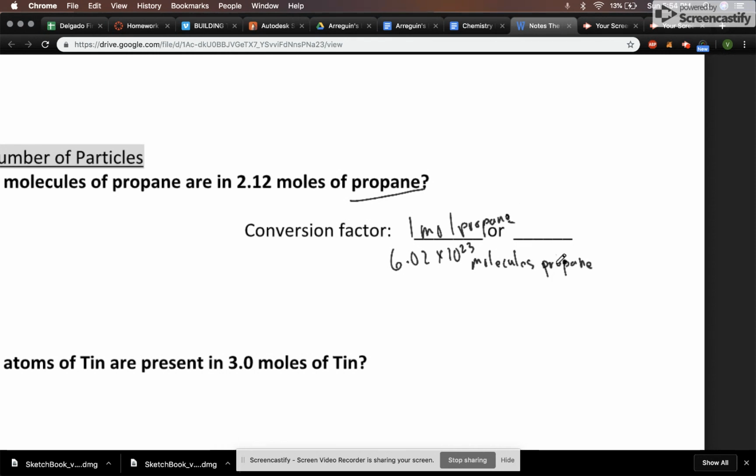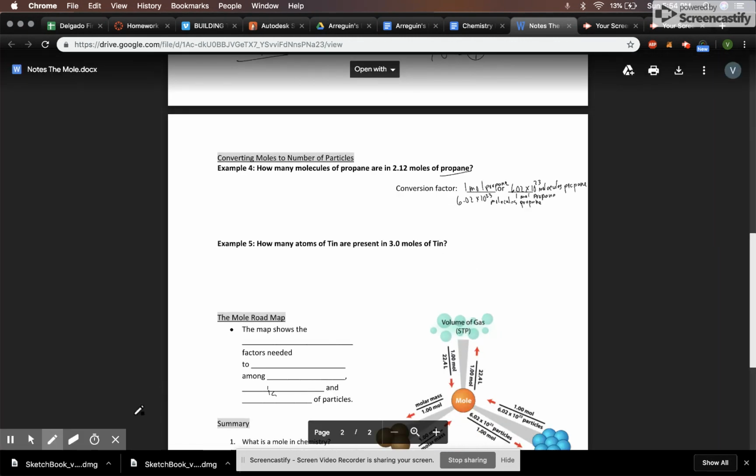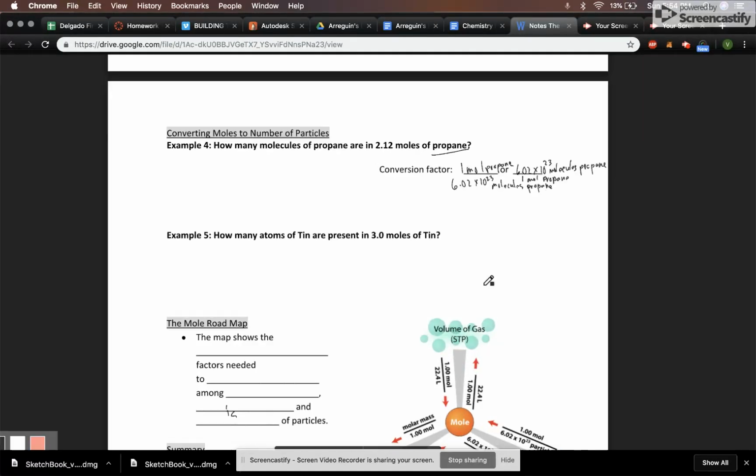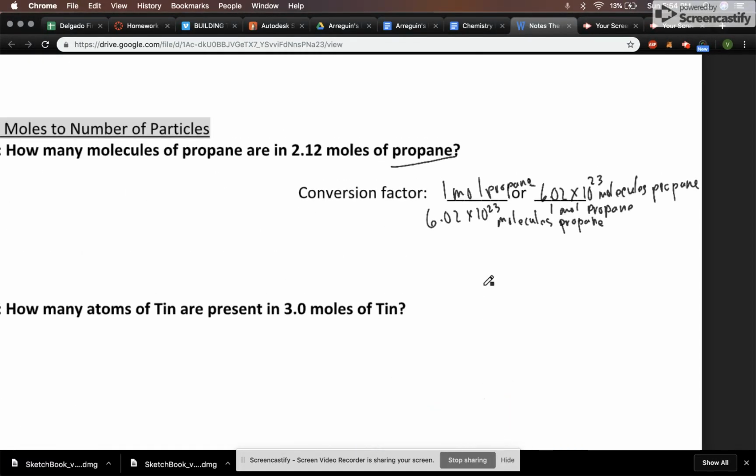This is kind of big, I know it stinks. 6.02 times 10 to the 23 molecules of propane is equivalent to 1 mole of propane. I want you to know that these are two separate conversion factors.